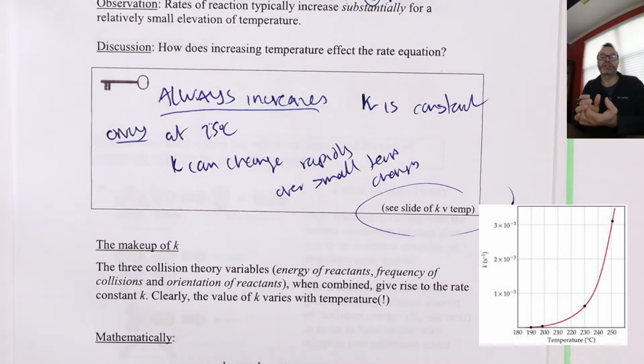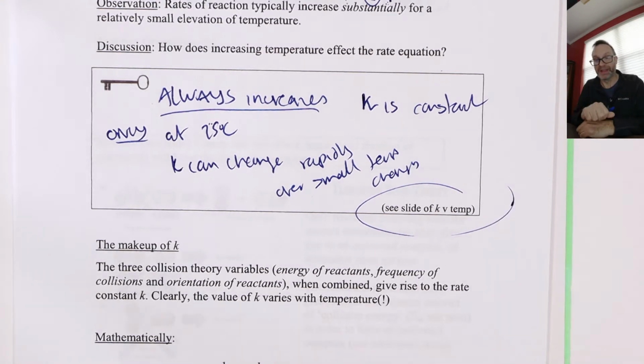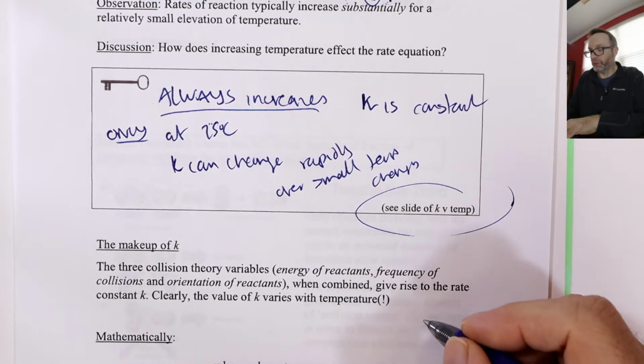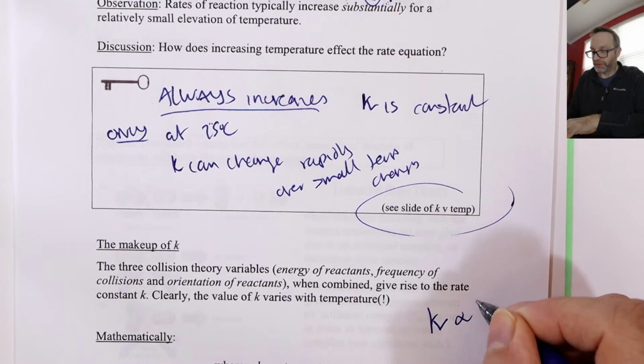So over a small change in temperature, as we showed you hopefully with the plot there, K can change rapidly, therefore because K is proportional to rate, the rate of reaction changes rapidly over a small temperature change. Again, this is why we own fridges and freezers. Okay, so let's get into the nuts and bolts. So we know K is proportional to temperature, right?